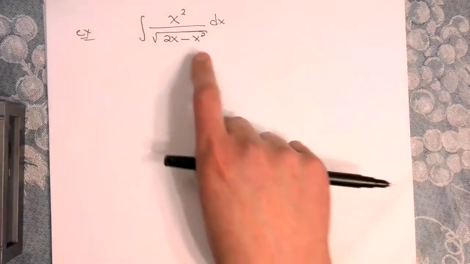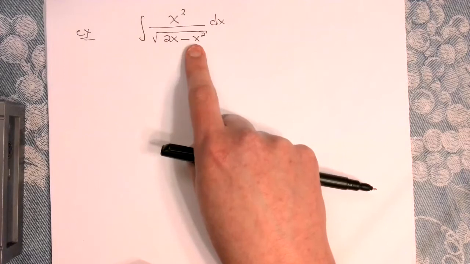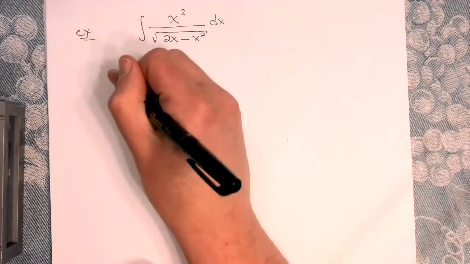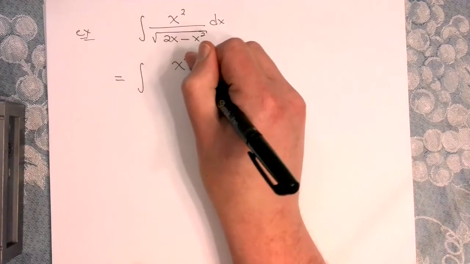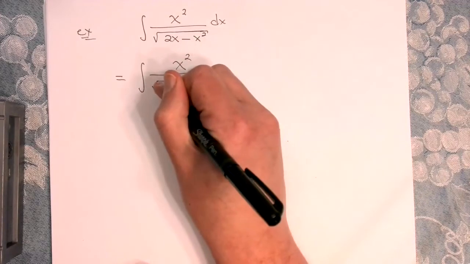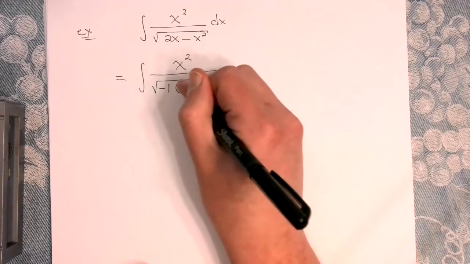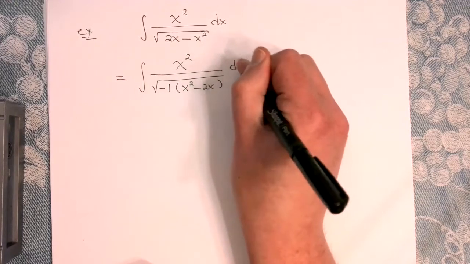So if I complete the square, I want a leading coefficient on my x squared of positive 1. So let's factor out a negative. We'll factor out a negative 1. Okay, so that'll be negative 1 times x squared minus 2x. That seems pretty nice.